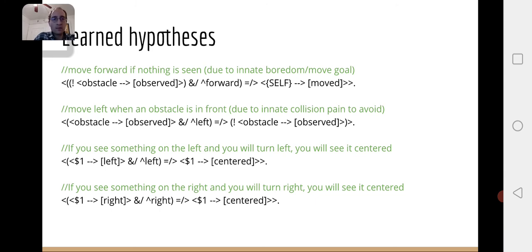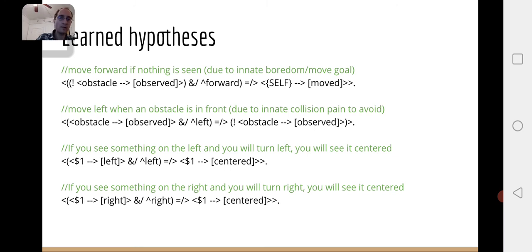So that's quite interesting, but it learns even more interesting and abstract relationships. Like, if it sees something on the left and it turns left, it will see it in the center. And this is even abstracted across multiple types of objects. So it learns this general knowledge, even though it has never seen a bottle, but it has seen other objects, for instance on the left.